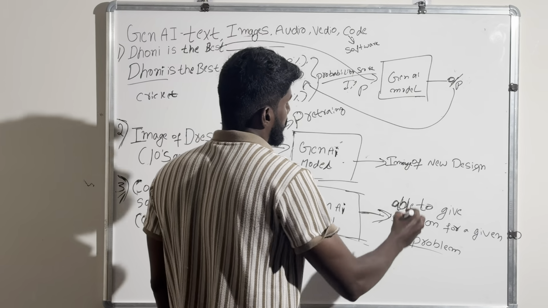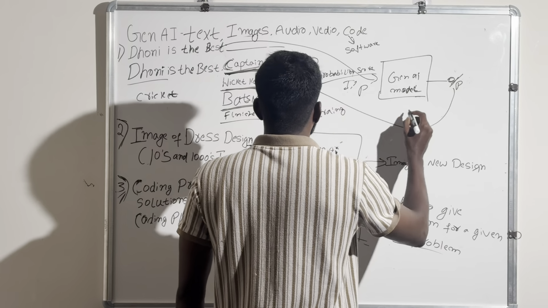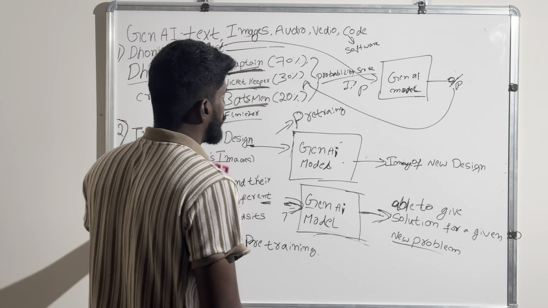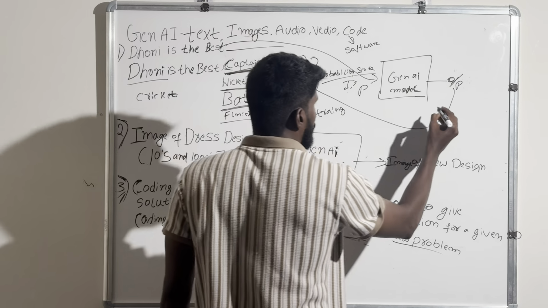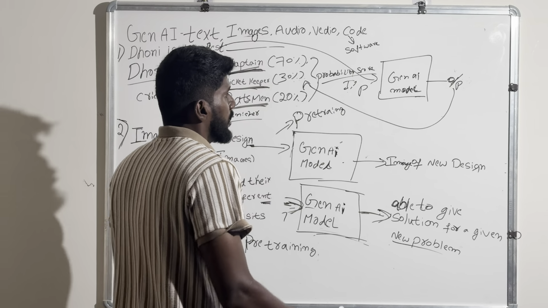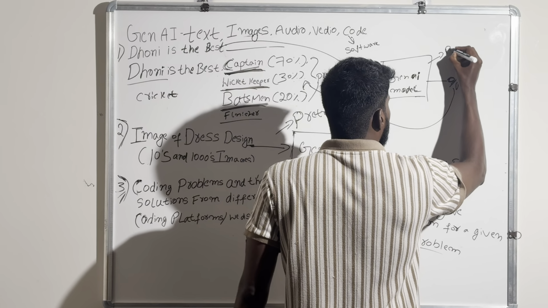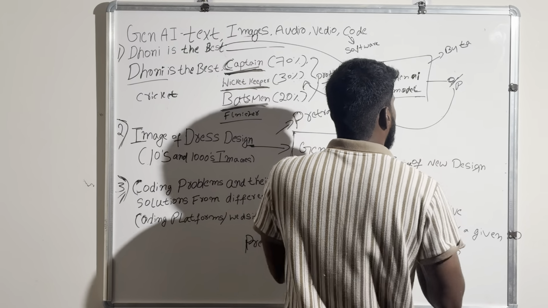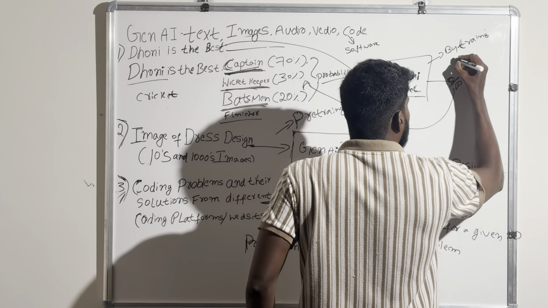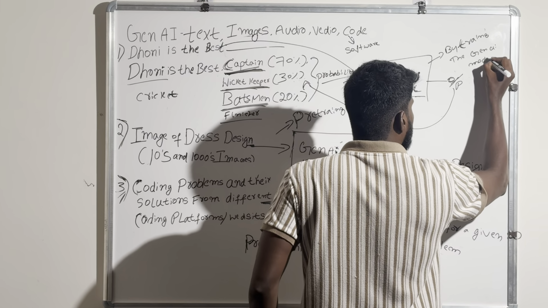How can we make this Gen AI model give this output if we give an input as Dhoni is the best? It should be able to take this sentence as an input and give an output as captain or wicket keeper or batsman or finisher, correct? This can be done by training the Gen AI model.